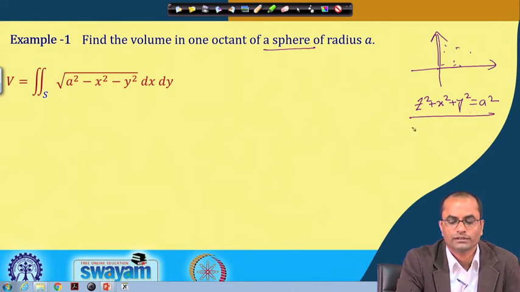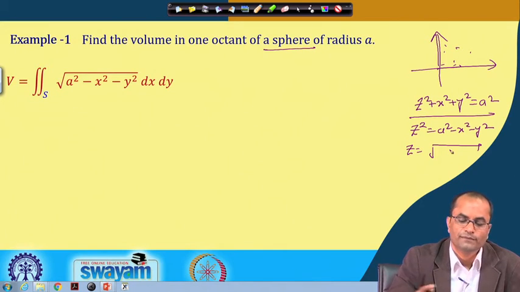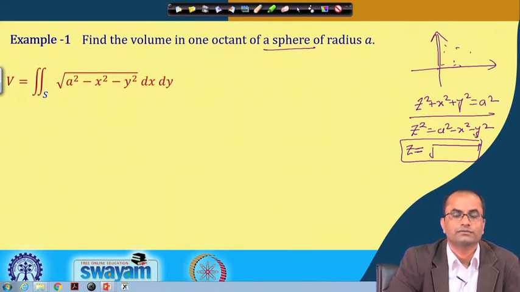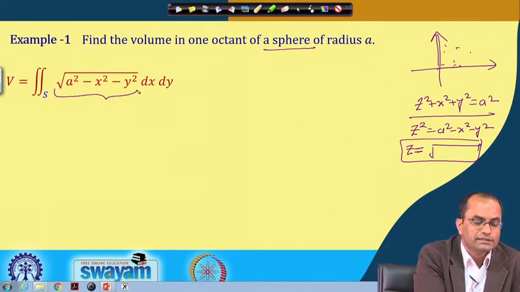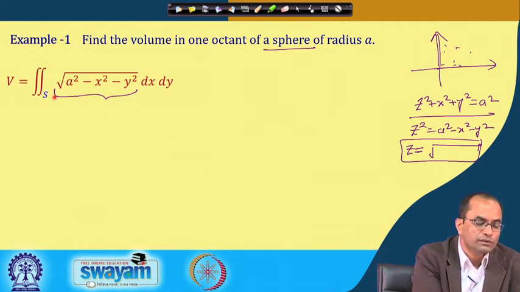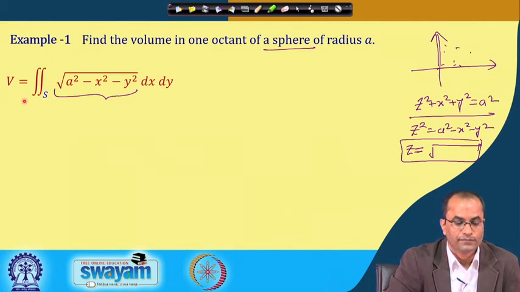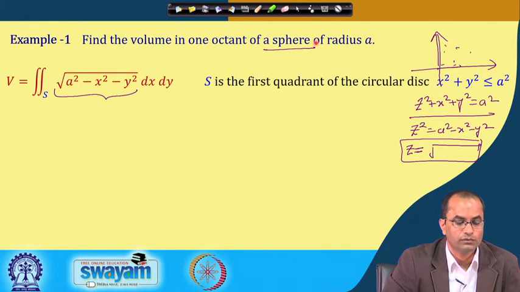So, from here you can compute z square is equal to a square minus x square minus y square. z will be positive here because we are talking about just one octant. So, this will be the surface, or the integrand here, the square root of a square minus x square minus y square, and then dx dy over this region S. That is the circular disc of radius a.